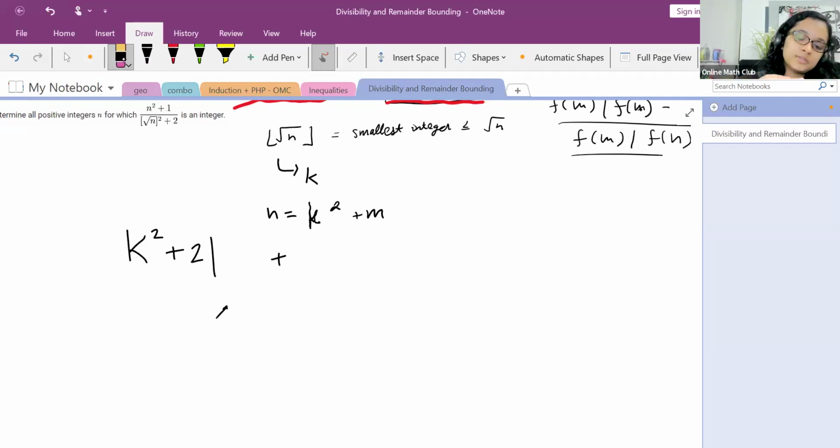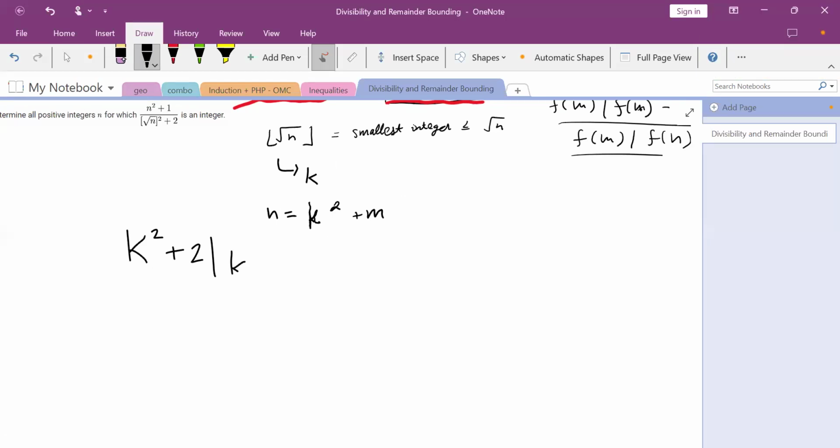Wouldn't it be better to write this in terms of k? On simplifying, we can get that k square divides m square minus 4m plus 5.